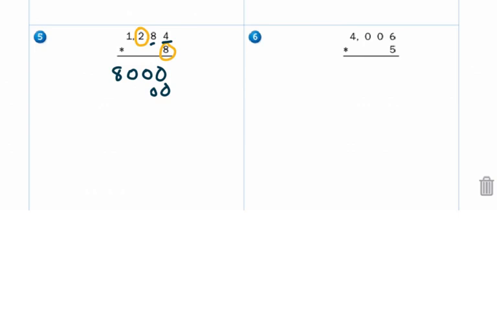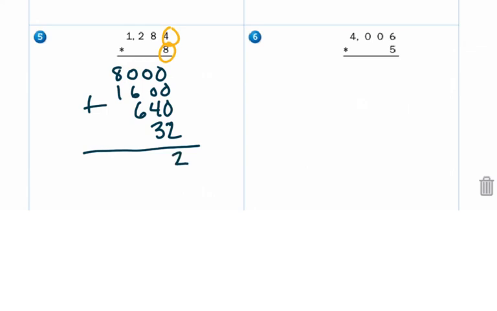The next one would be 8 times the value of the second 8, which is 80. 8 times 80 is 640. And lastly, 8 times 4 is 32. I'm going to add all of those up to get an answer of 10,272.